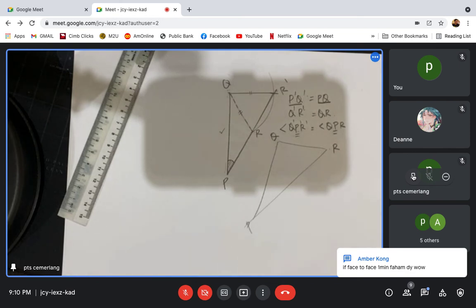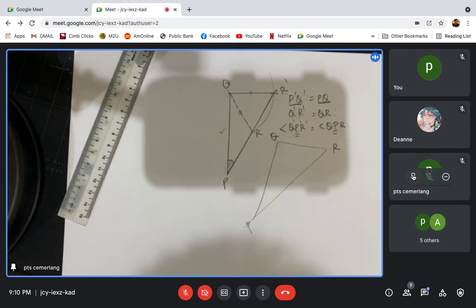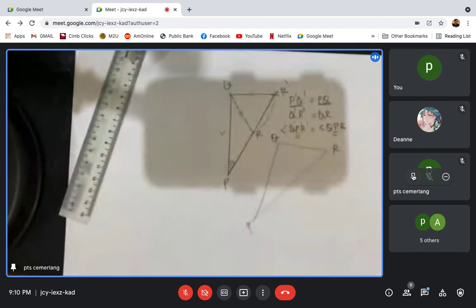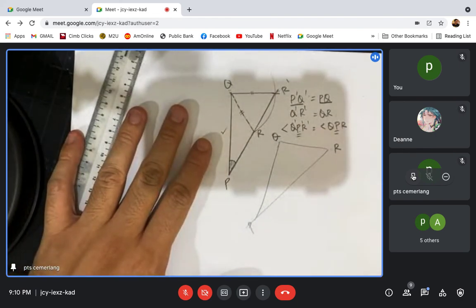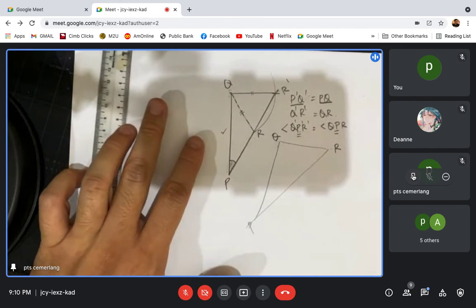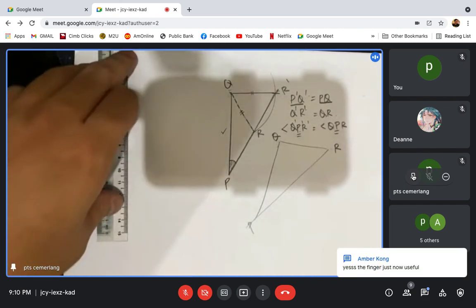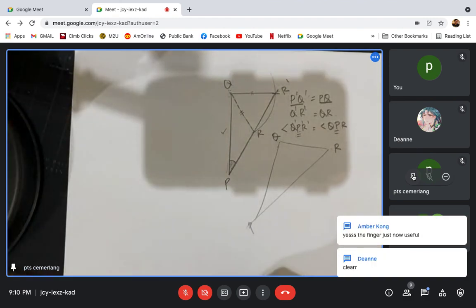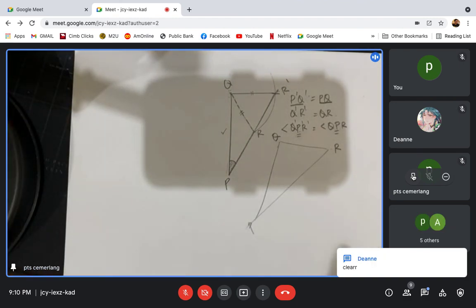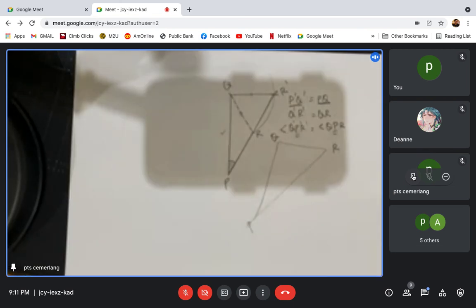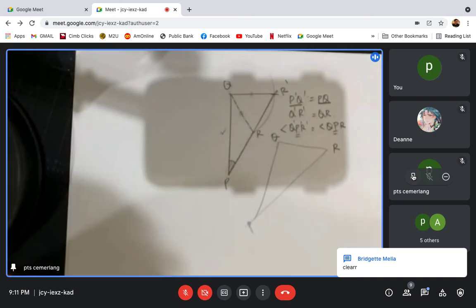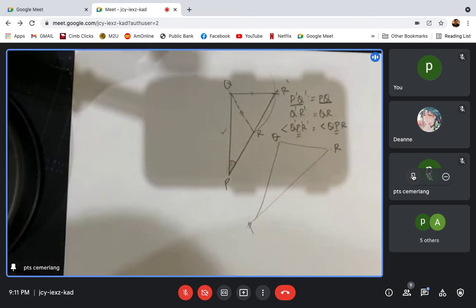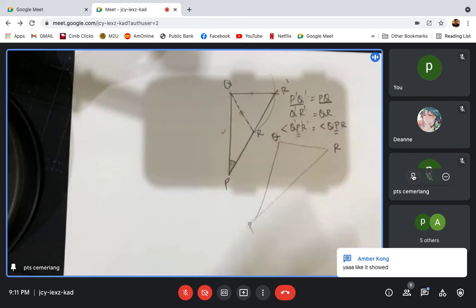Face to face, one minute you understand. Okay, must show also, right? What if I don't show? Okay, even the iPad cannot help sometimes. So if you can understand this one, then it's very good. Okay, Angelina, Bridget, Charlene, Deanne, are you good? Oh, you guys are sleeping already? Okay, finger is useful. If I put my finger on the iPad, you can't see. Just now I did the finger on the iPad, but I think I looked silly.